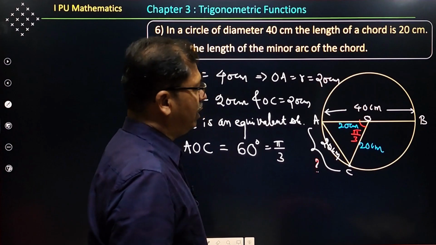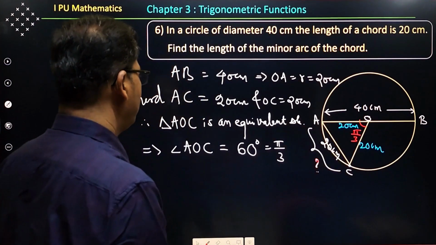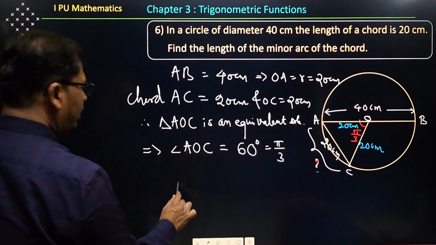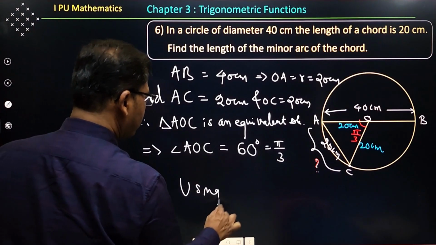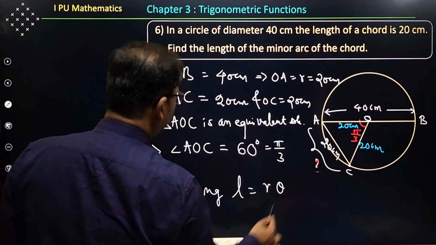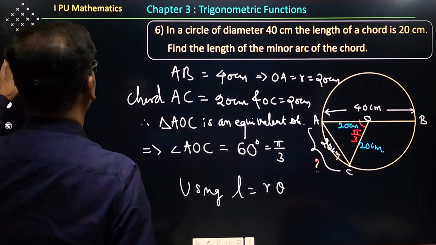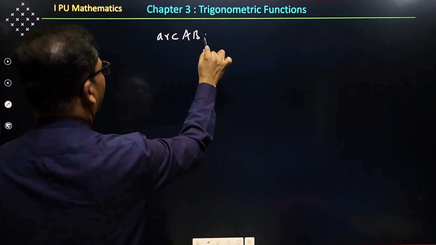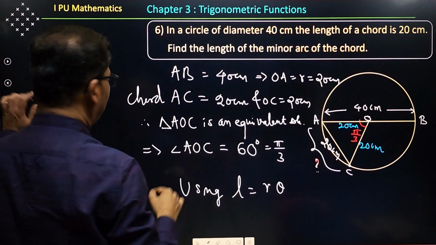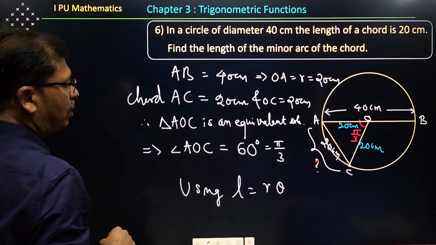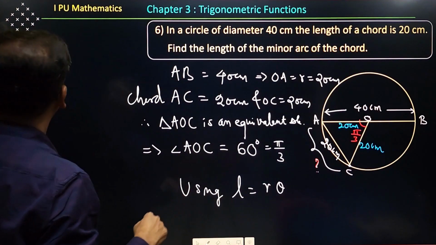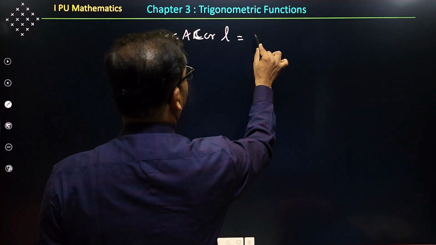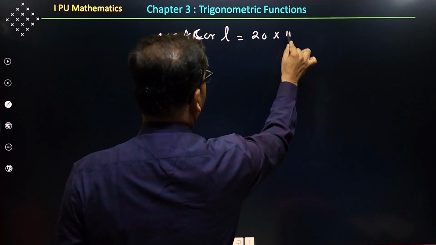This arc is to be calculated. Radius is 20 cm here. So use the relation, using L is equal to r theta. We have to find the length of arc AC, L is equal to r into theta, 20 into pi by 3.